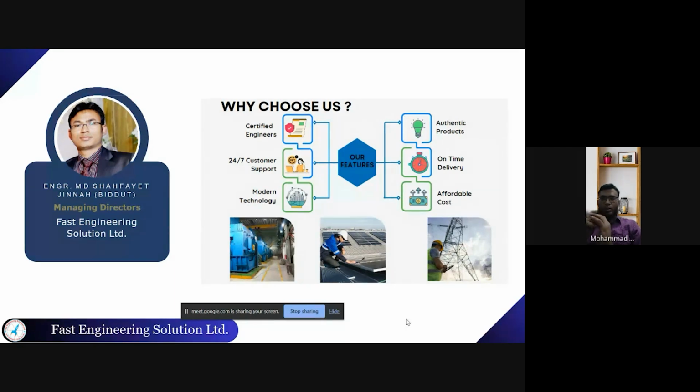Top view means they want money saving, they want the audit report or whatever is needed for their factories to get permission or for renewal. It is also necessary.